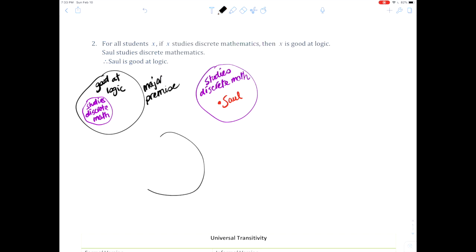The only conclusion you can reach is that Saul must be good at logic.